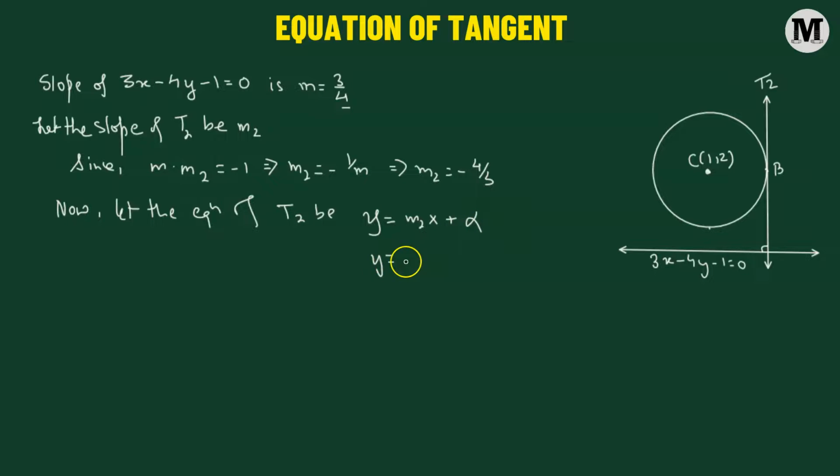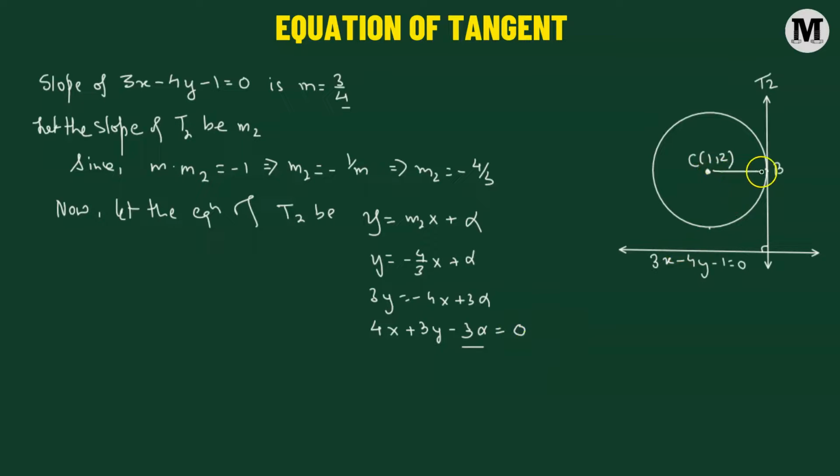So y will be equal to negative 4 over 3x plus alpha, which gives us 3y equals negative 4x plus 3 alpha, or we can say 4x plus 3y minus 3 alpha equals 0. So our goal will be to determine the value of alpha here. Now, how shall we determine the value of alpha? So we'll again use the same concept.